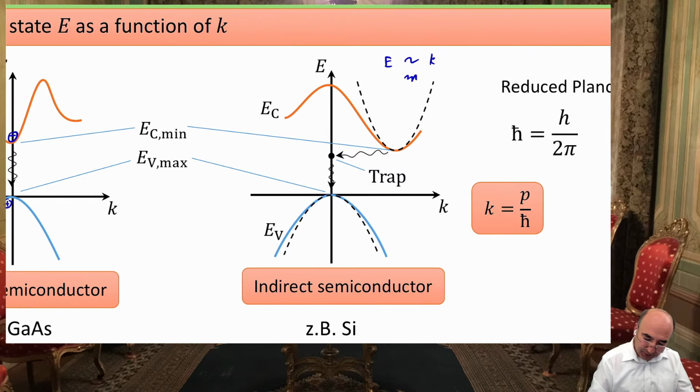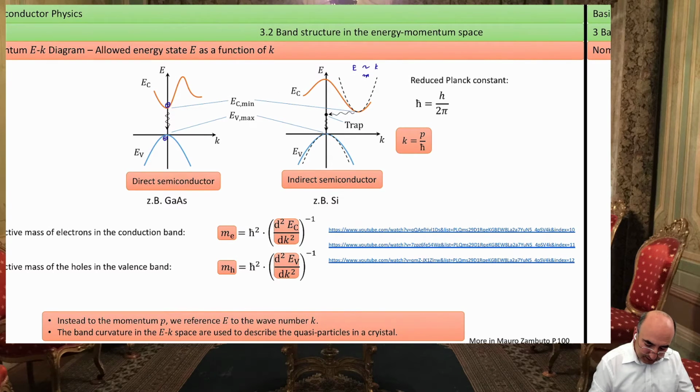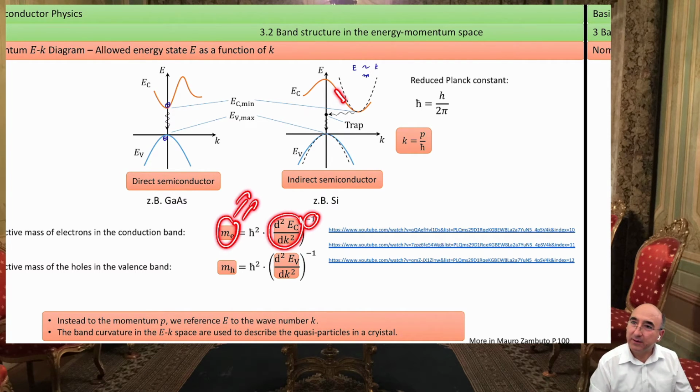Can you imagine that? So you are no more here in the silicon, you are here in the silicon due to the increased energy. Therefore, as this is in the denominator, the banding is reduced, the mass is increased heavily.